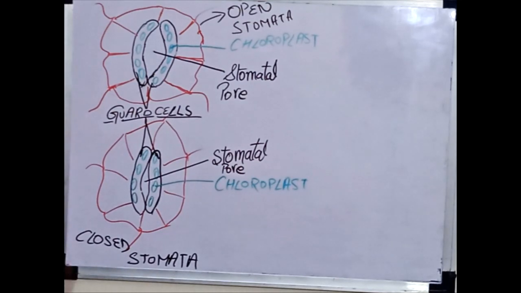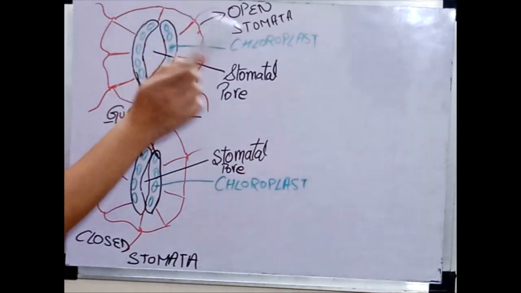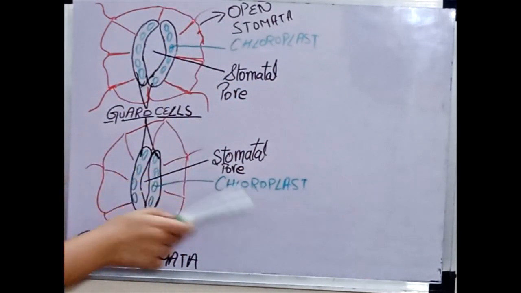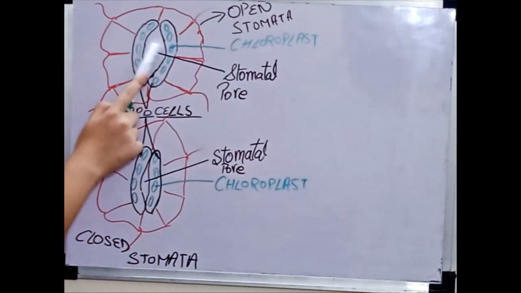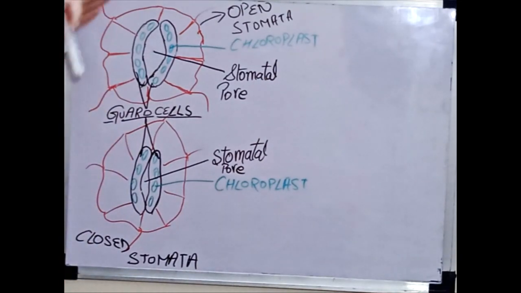You can draw this diagram. It can come in your exams as a label, as a drawing as well, because this is quite an easy diagram to draw. You have green color for chloroplast. Green for chloroplast. You have stomatal pore. And your guard cells help in opening and closing of the stomata. And this is also called bean-shaped.